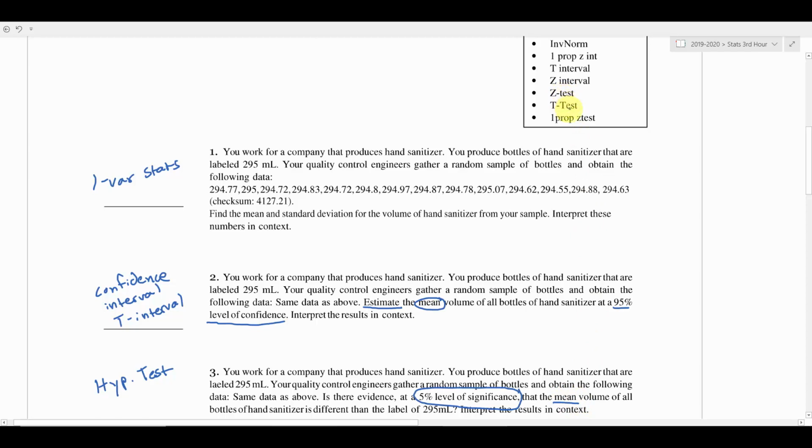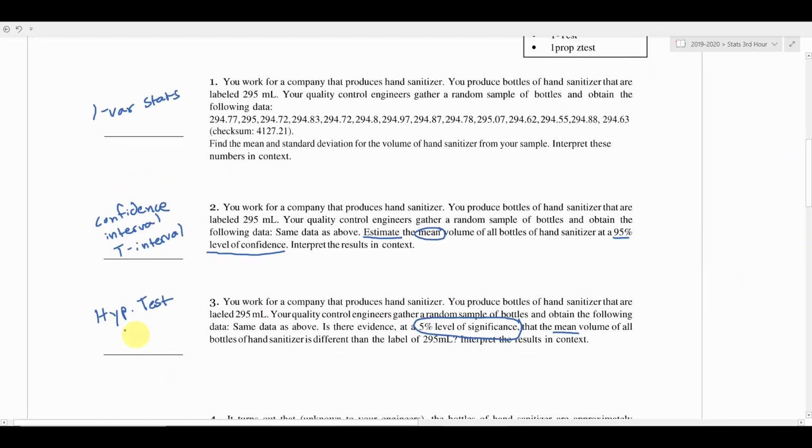So it's either a z-test or a t-test, and that depends on whether or not we know the population standard deviation. I'm scanning it one more time to see if they gave me that, and it doesn't look like they did. So this is going to be a t-test. Okay, so that's what I'm going to be doing to solve that problem.